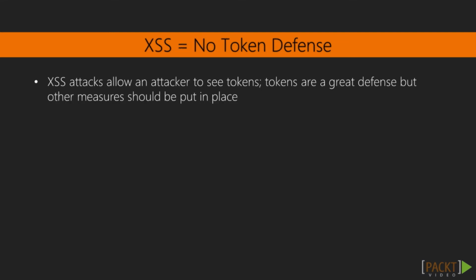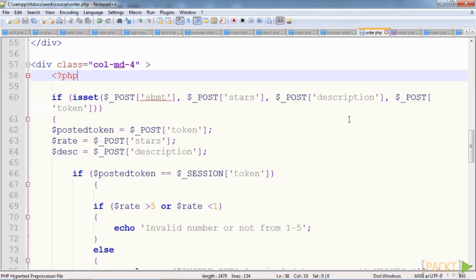And coming back to CSRF and the same origin policy, if you have an XSS vulnerability, then all of those things are thrown out the door because XSS can provide a sufficient vector for an attack to read the tokens. Tokens are a great defense, but because of this, if you have an XSS vulnerability, other measures should be put in place just in case.